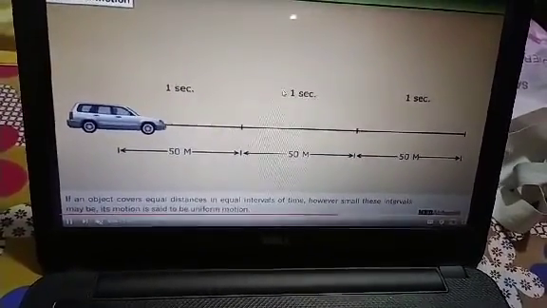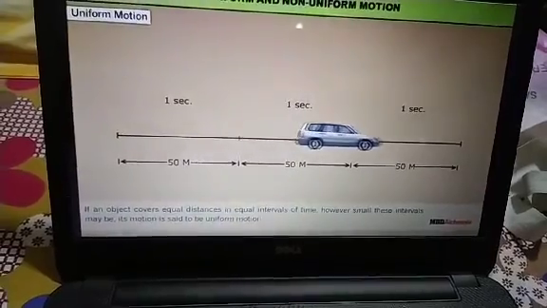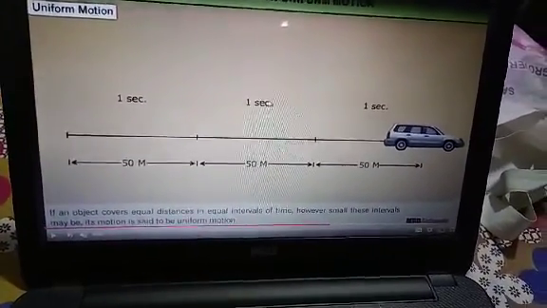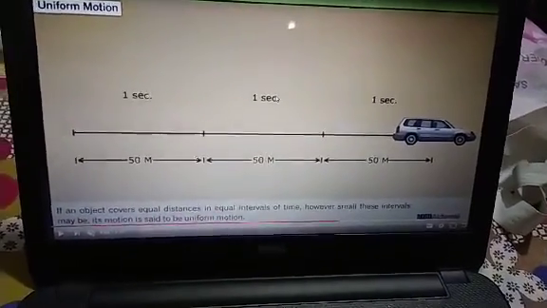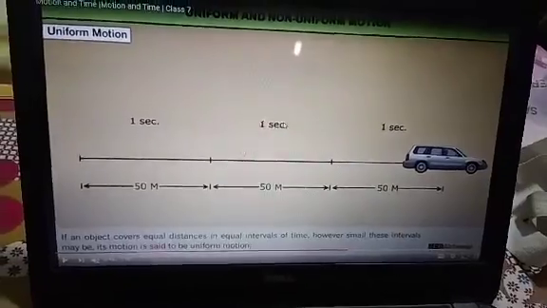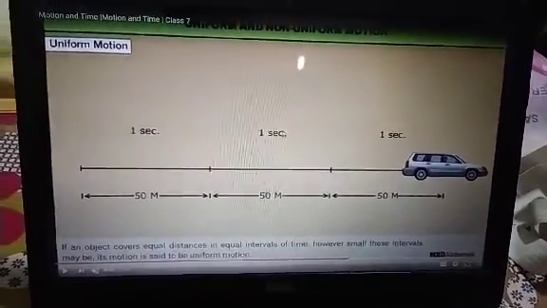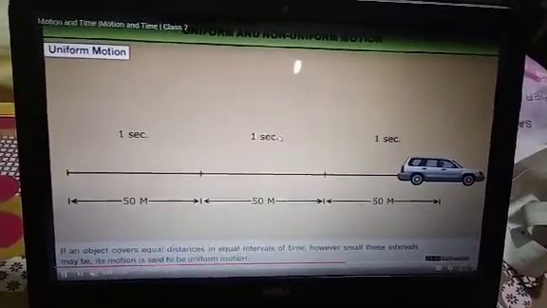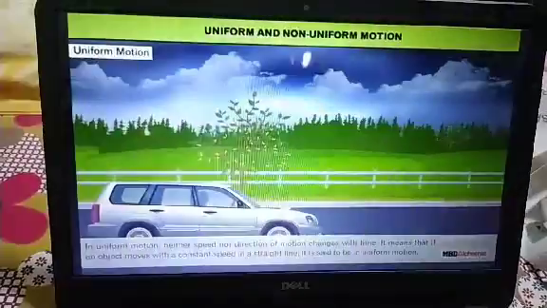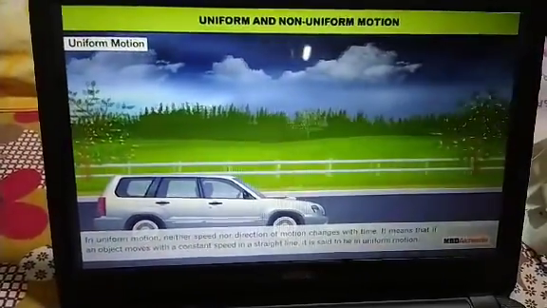So this is known as the uniform motion. Means if an object covers equal distances in equal intervals of time, it is known as uniform motion. Clear, beta?